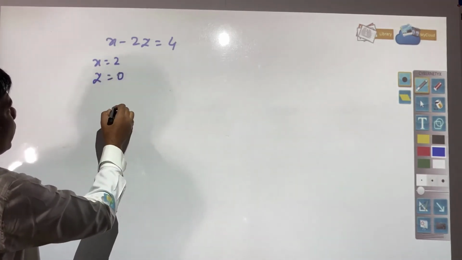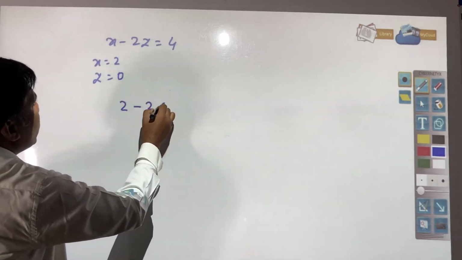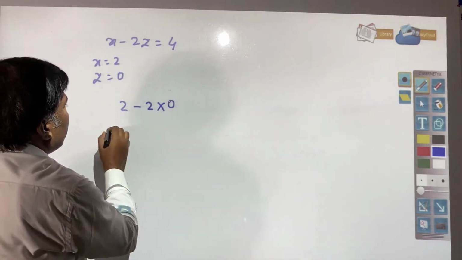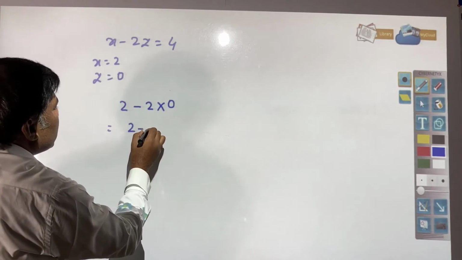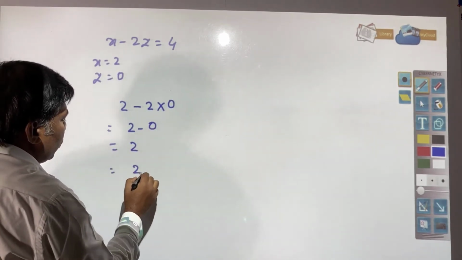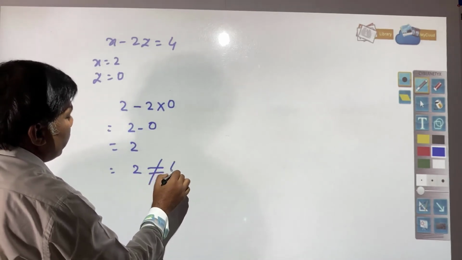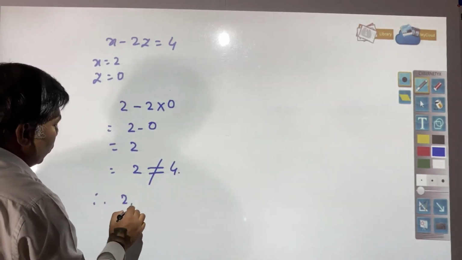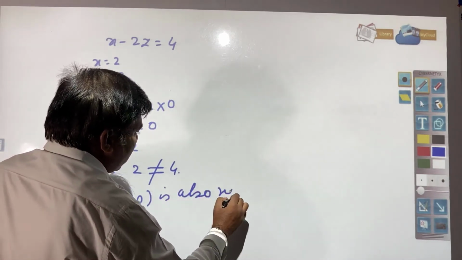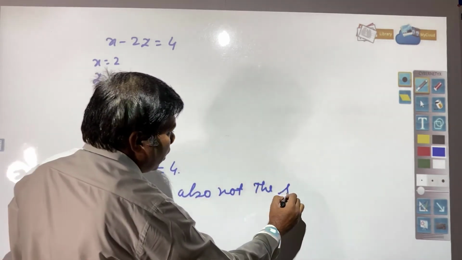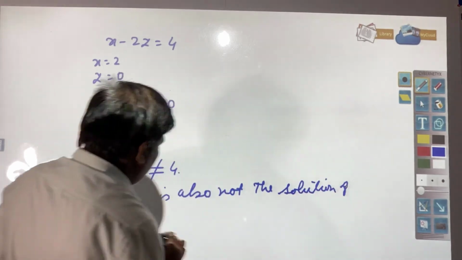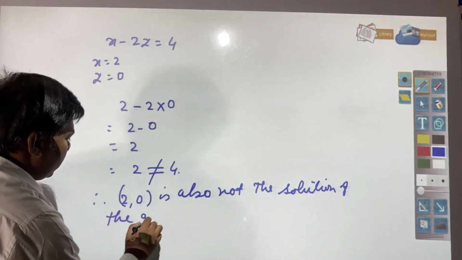If you are putting, what you will get? 2 minus 2 into 0, it means 2 minus 0, it means 2, and again 2 is not equal to 4, therefore 2 0 is also not the solution of the given equation.